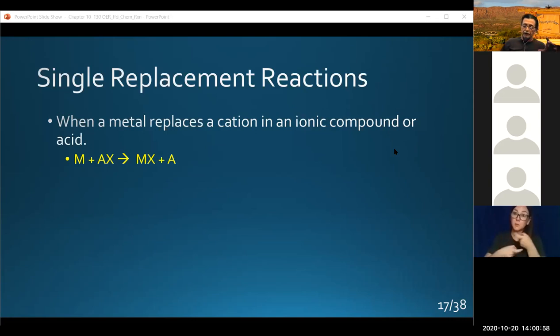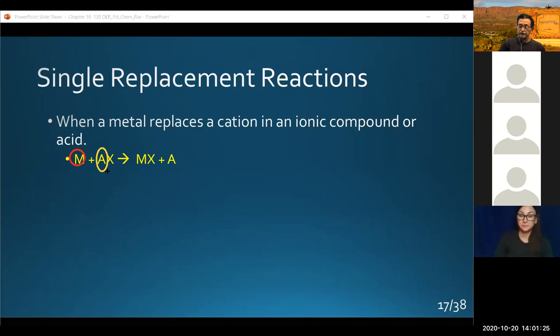All right, single replacement reaction. That is when a metal replaces a cation in an ionic compound. Notice we have some elemental metal, M, that will replace the A, which is a color here, in this ionic compound.